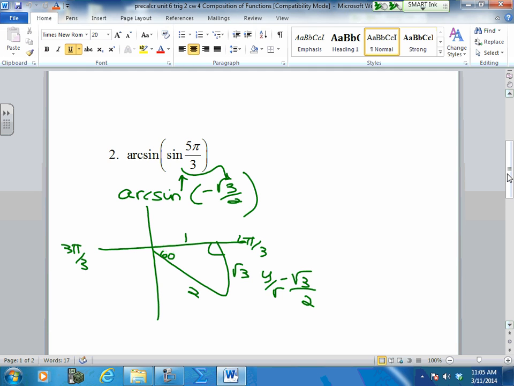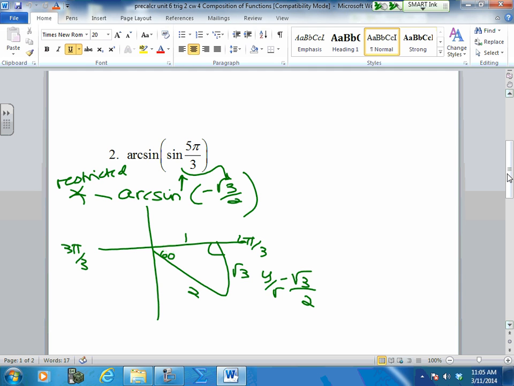Was 5 pi over 3 a restricted angle? No. So we plotted it. We found it. Now, my statement says arc sine of this. It says find me your restricted angle.